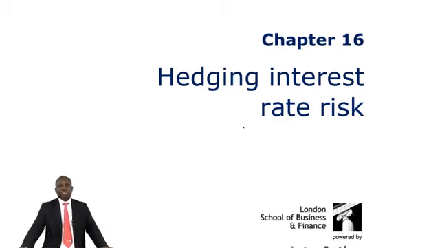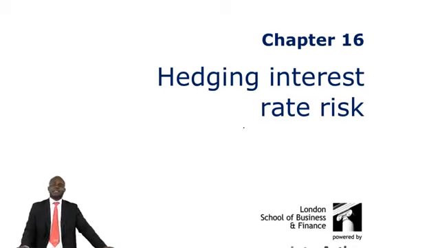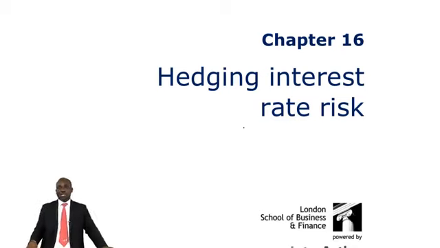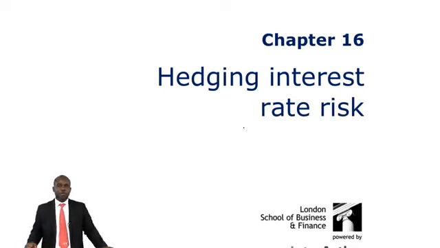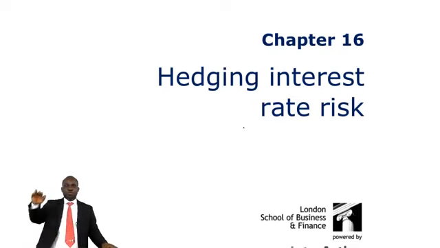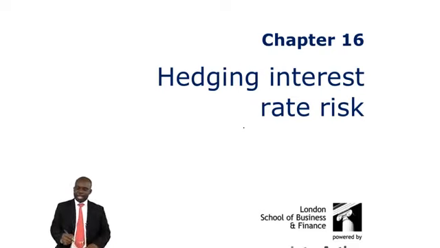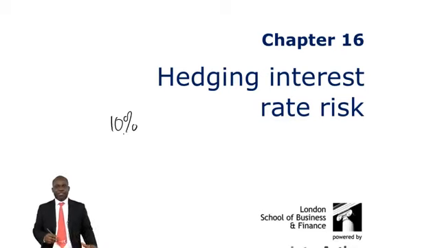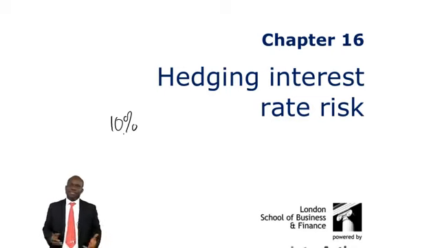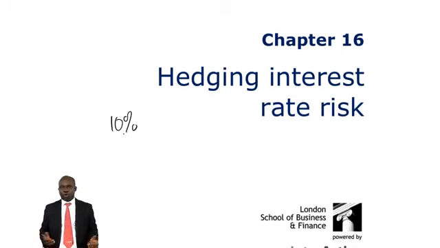Right, we've said currency risk comes as a result of a gain or loss due to movement in what? Exchange rate. The same way, interest rate risk comes as a result of a gain or loss due to movement in interest rate. Now, interest rate is 10%, and in 3 months' time is when I want to borrow.